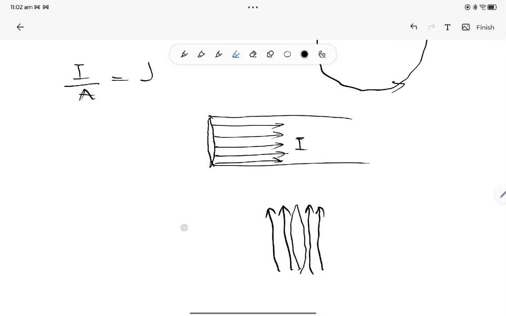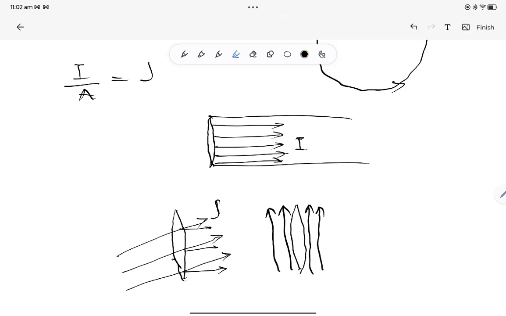It is like flux. If you have an area of cross section and current density in some direction, not all of J contributes to the current through this surface. Only the perpendicular component contributes.